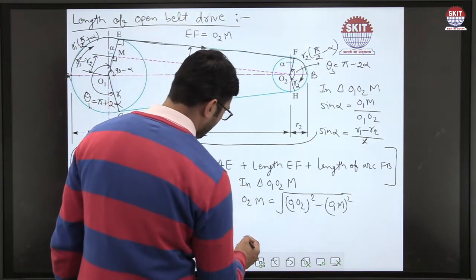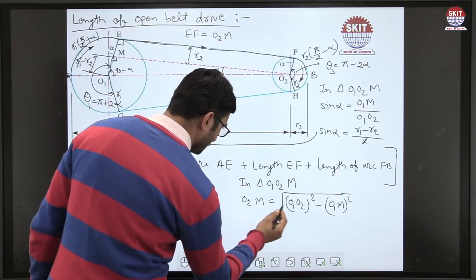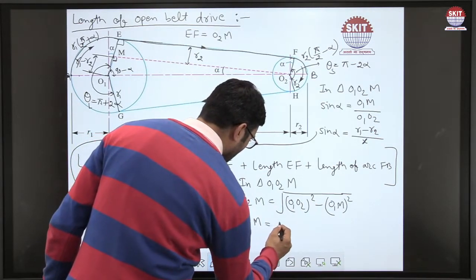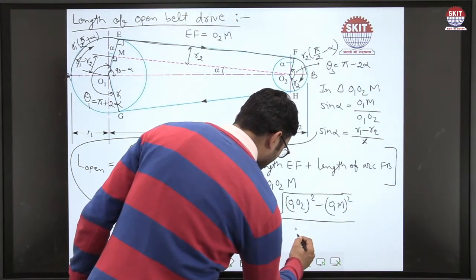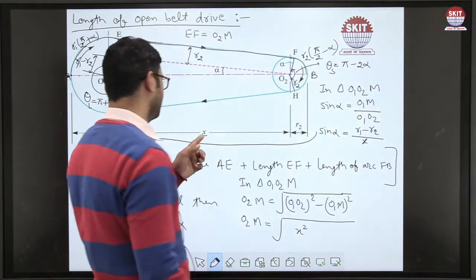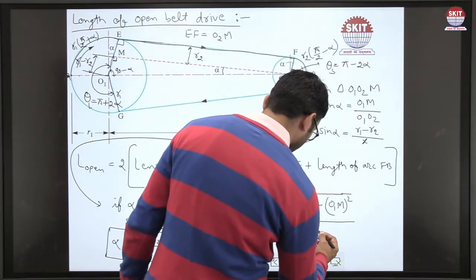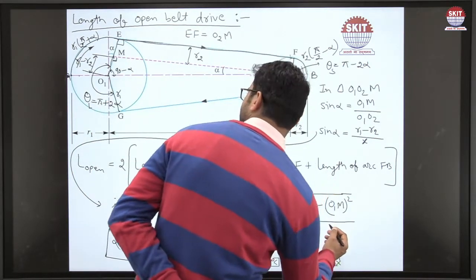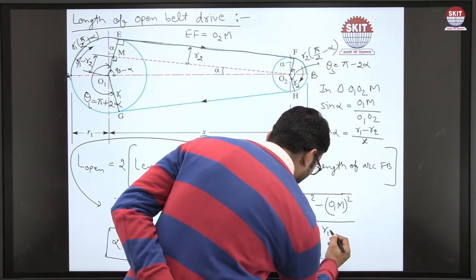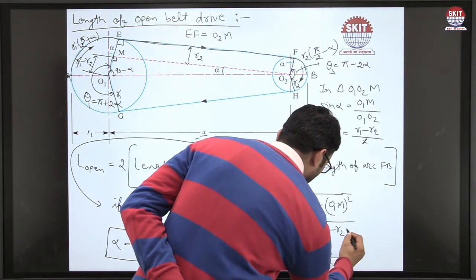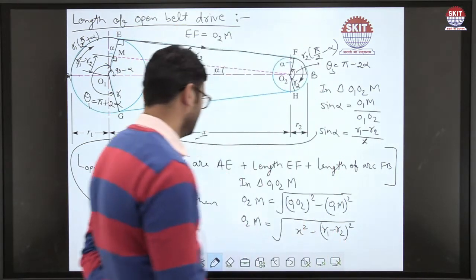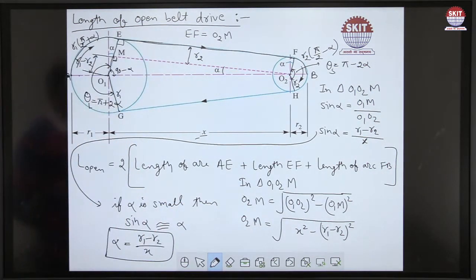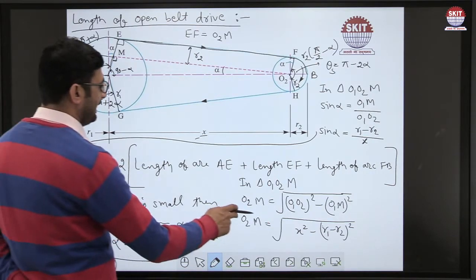We put in the values of O1O2 and O1M: O2M is equal to the square root of x squared minus (R1 minus R2) squared. We further simplify this and find the value of O2M.